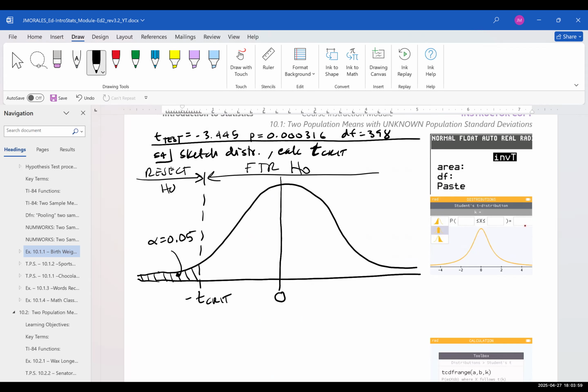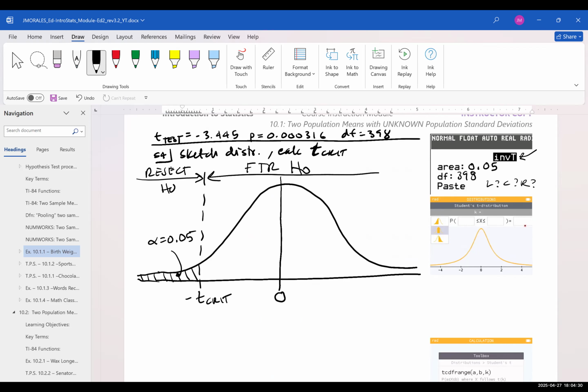Before we put in our test statistic and our p-value, let's go ahead and find our critical value. So we're going to have an area of 0.05 with 398 degrees of freedom. Now there's something to note here with this inverse t function. You'll notice that it doesn't give us the option of left, center, or right.